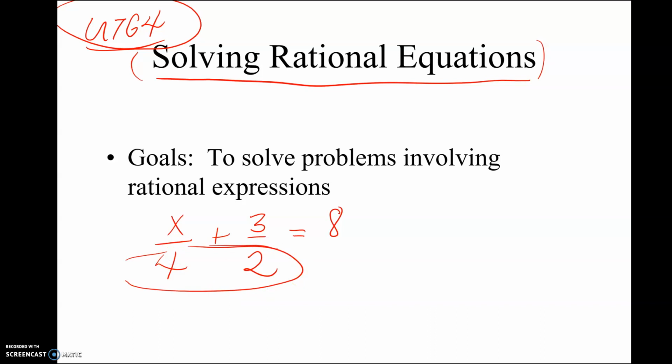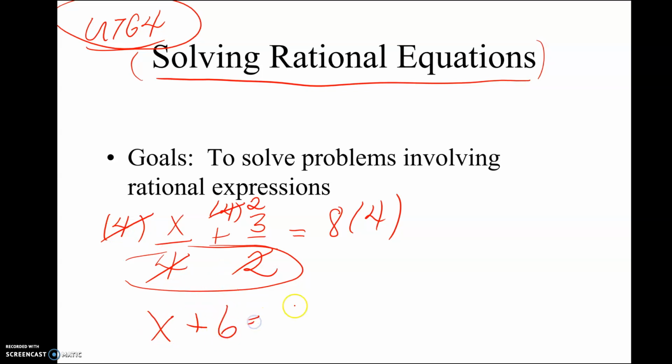So how I would do that is think of something that both 4 and 2 would go into. Well, that's 4. So if I multiply everything by 4, and as long as I do that for everything, then that clears out that denominator. And this goes into 4 twice. And so I would have x plus 6 equals 32. And I can solve that out.